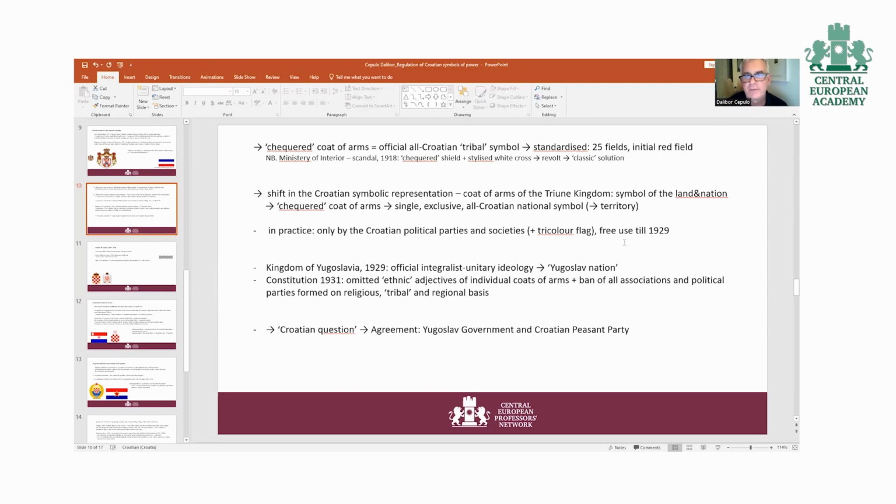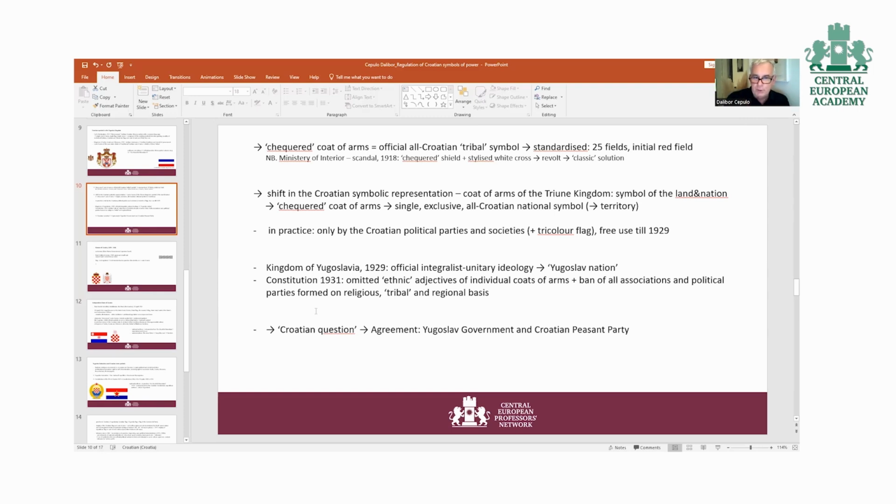The Kingdom of Yugoslavia, proclaimed in 1929, was based on a different basis, that is, it was officially integralist and unitary, with the ideology of the Yugoslav nation. The Constitution of 1933 omitted the former ethnic adjectives of individual coats of arms, but in practice, well, in theory, it did not ban their use.